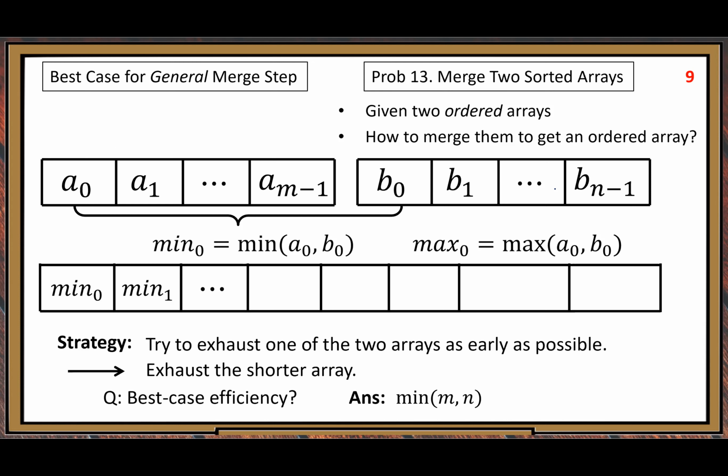But some students may ask me why we do not compare B0 and A minus 1 first. B0 with the last element of A. Because if B0 can beat an-1, then we only need one comparison. Yeah, so that's one student asked me this question last semester.